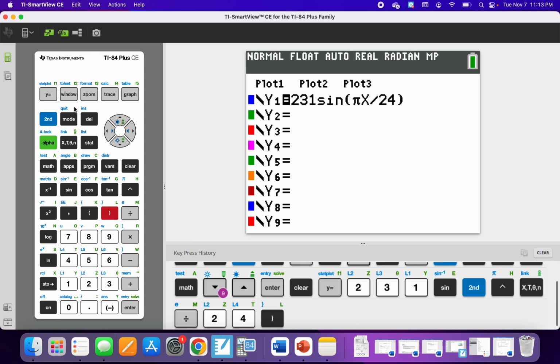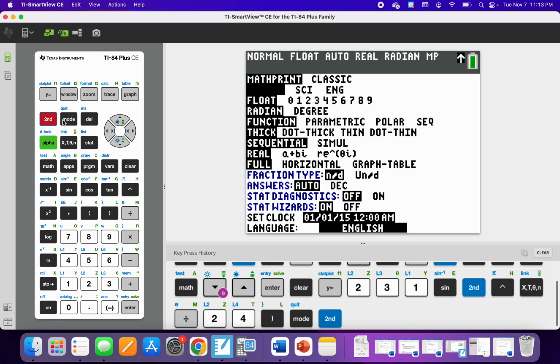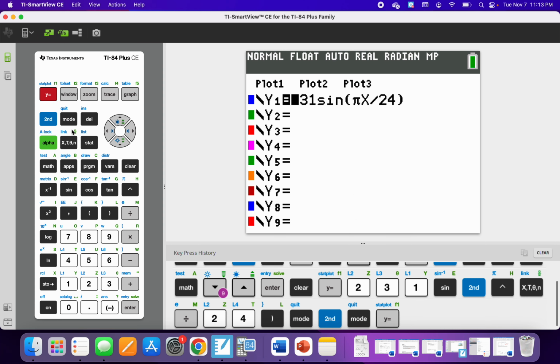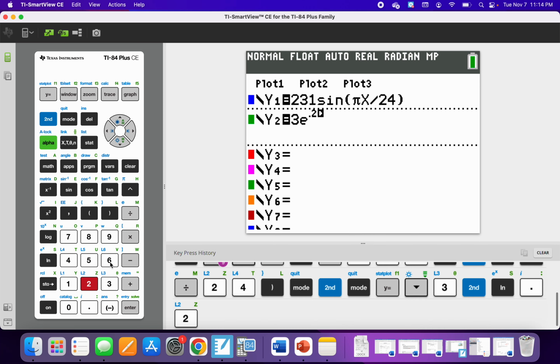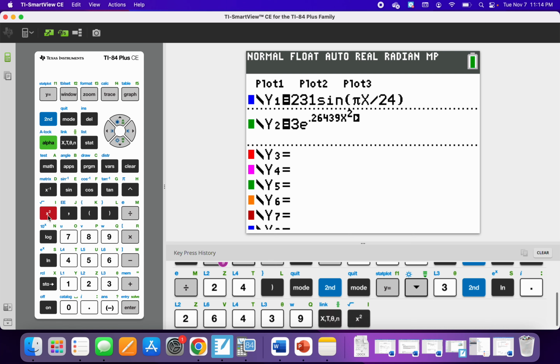Okay, so I have my first one in, and I am in radian mode. That's my M function, which is the rate at which they're posting memes. And then the rate at which those people's scores get canceled is going to be my second function, 0.26 times 439 x squared divided by 24.